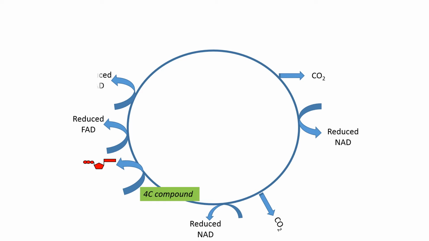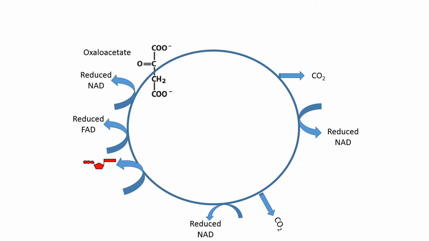Now once they have been produced, there's no decarboxylation here, but the 4-carbon compound that has just been reduced by FAD and NAD and substrate level phosphorylation undergoes a chemical change with an isomerase enzyme, so it changes the chemical structure, and we're back to oxaloacetate, which is the beginning of our Krebs cycle again.